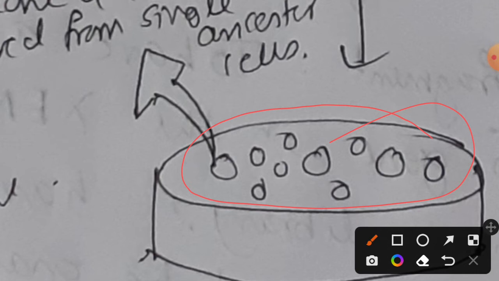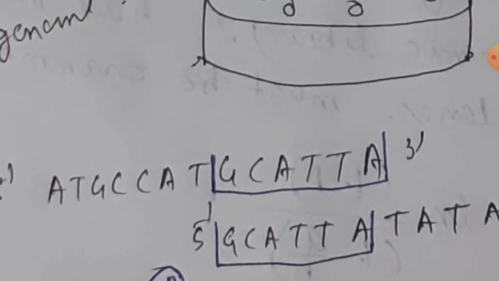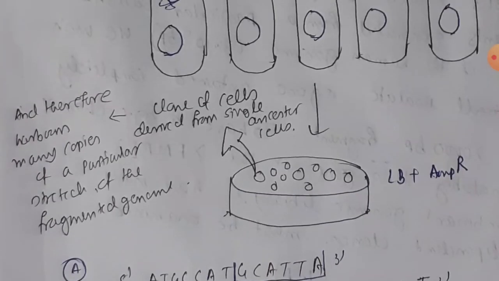Let's say here we are constructing an E. coli DNA library. That means a set of recombinant colonies which contains the entire DNA sequence of a genome is known as a genomic DNA library.